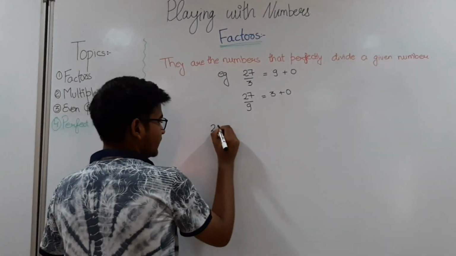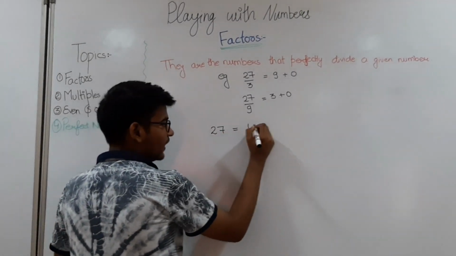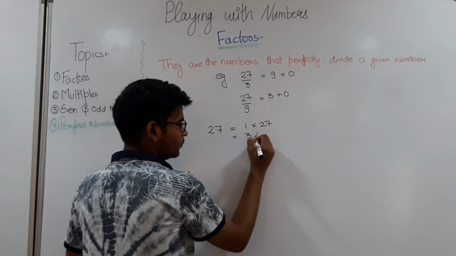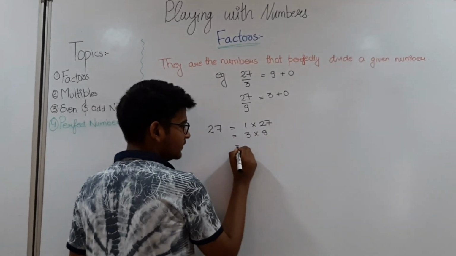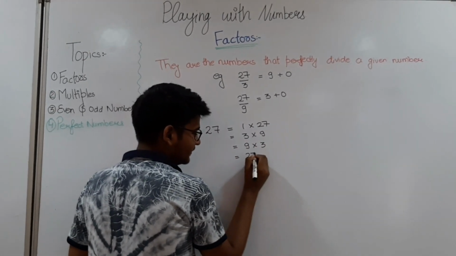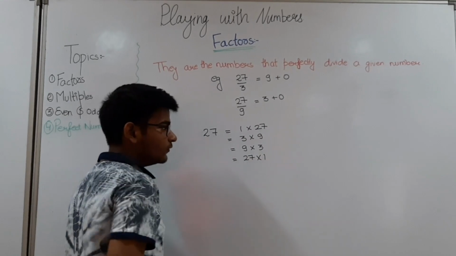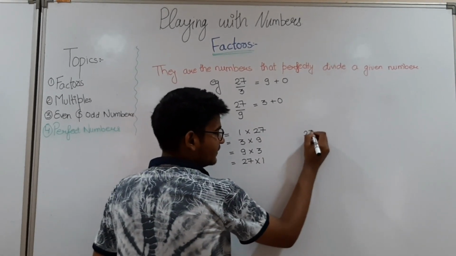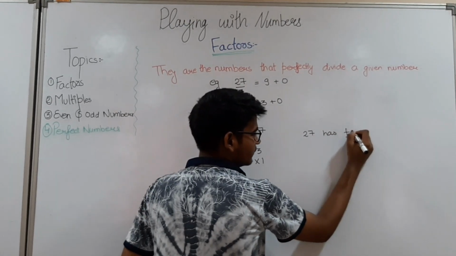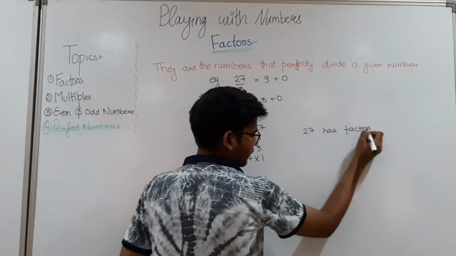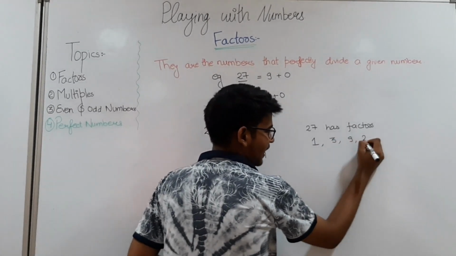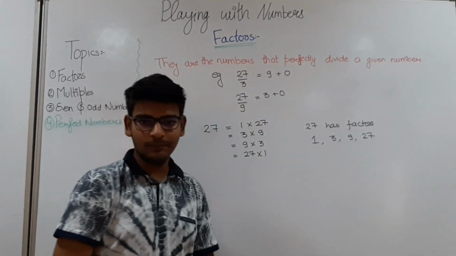Similarly, 27 is equal to 1 into 27, 3 into 9, 9 into 3, and 27 into 1. So we say that 27 has factors 1, 3, 9 and 27 itself.